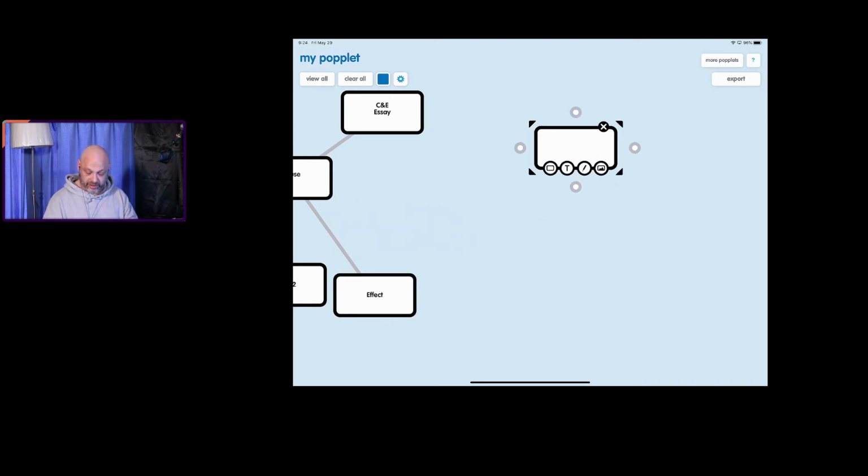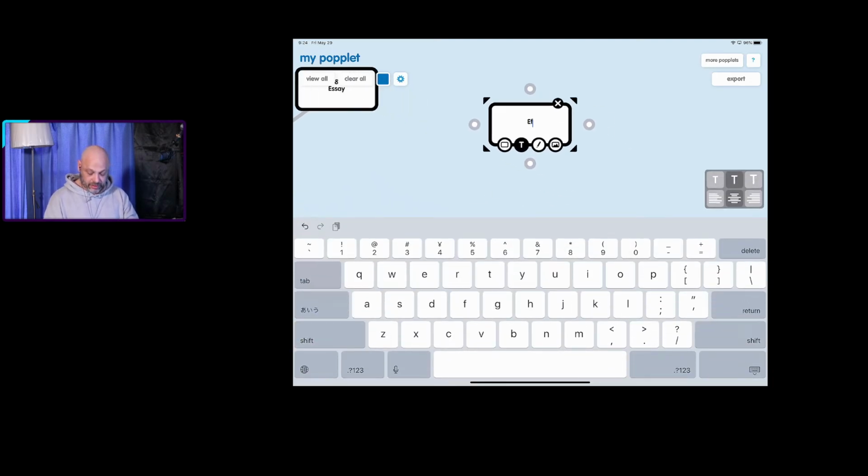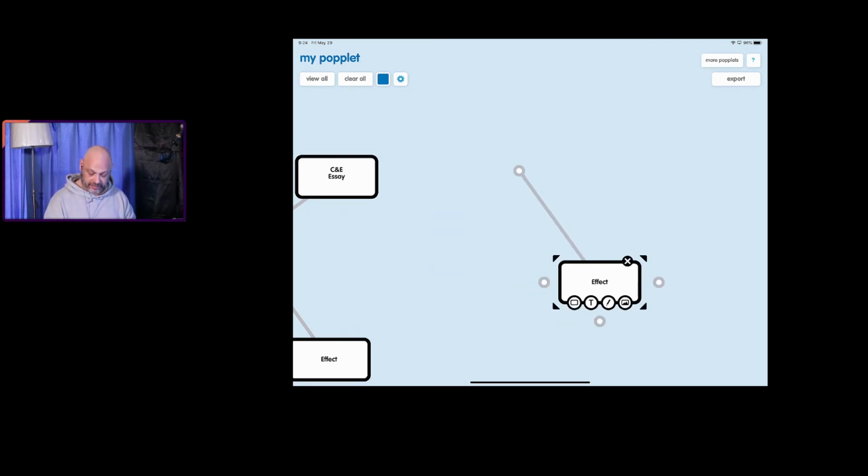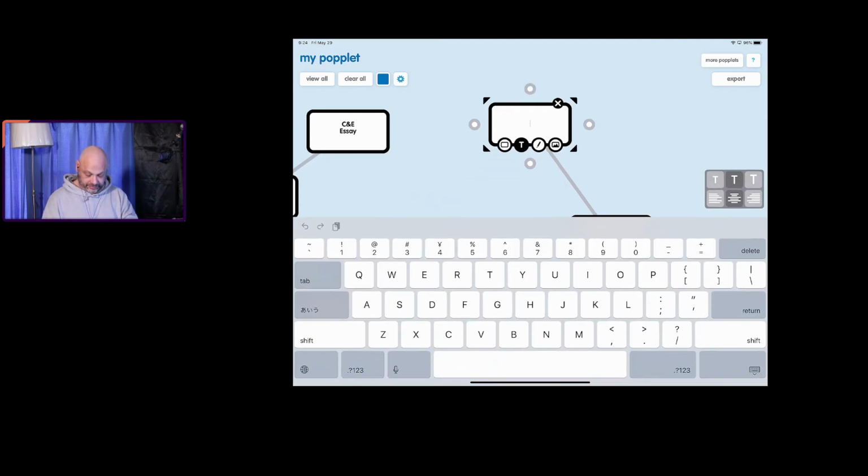So you're going to end up with multiple effects or an effect that comes from, let's try that again.